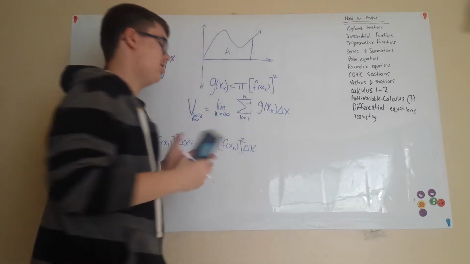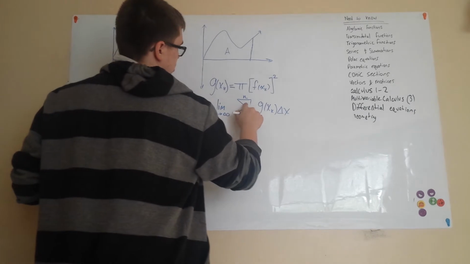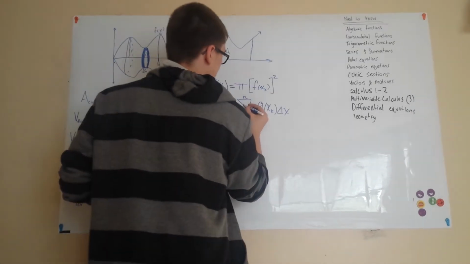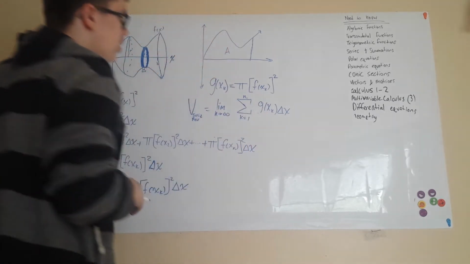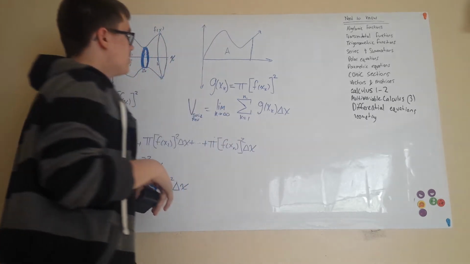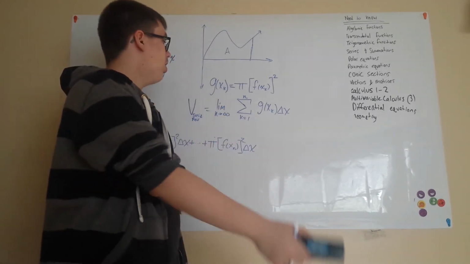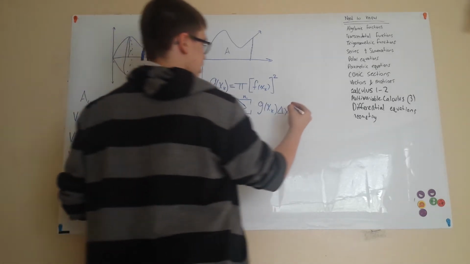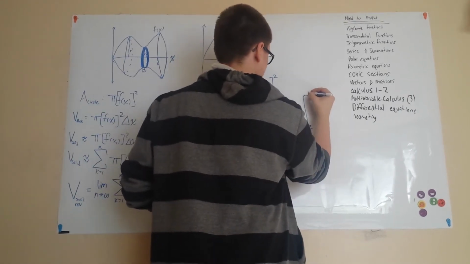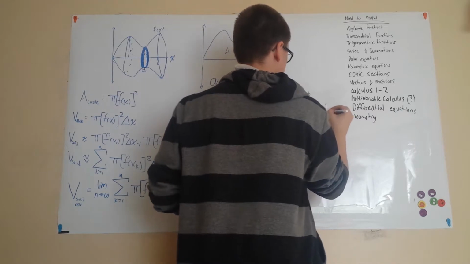We can say as n approaches infinity, if all the rectangles are equal width. So, hold up. What does this look like? Oh, it's the definition of the definite integral, right? It is the integral from a to b of g of x dx.